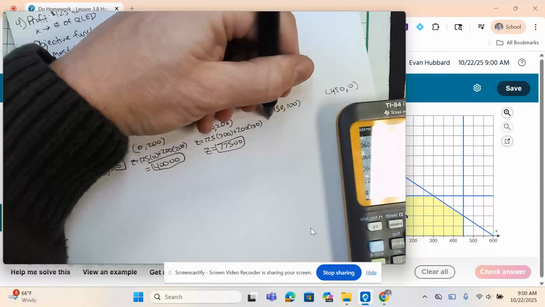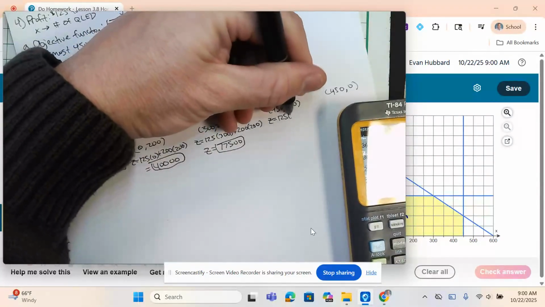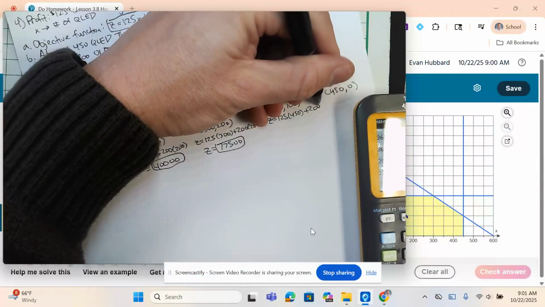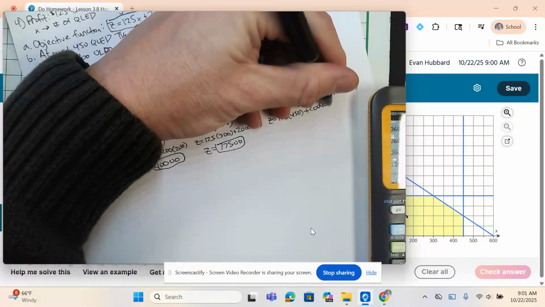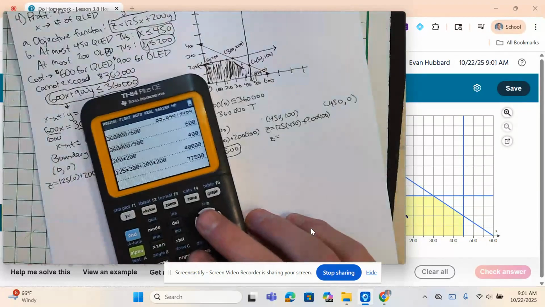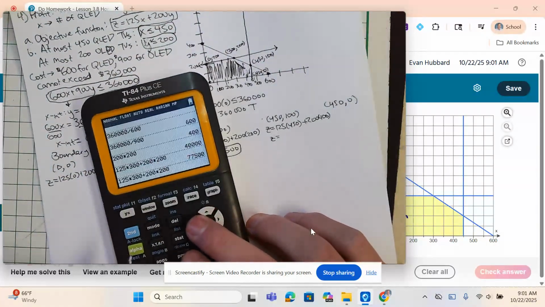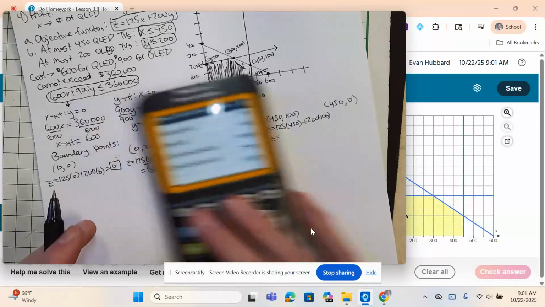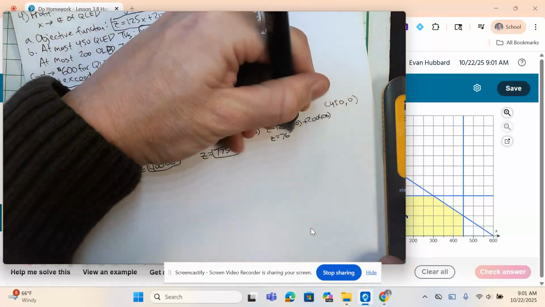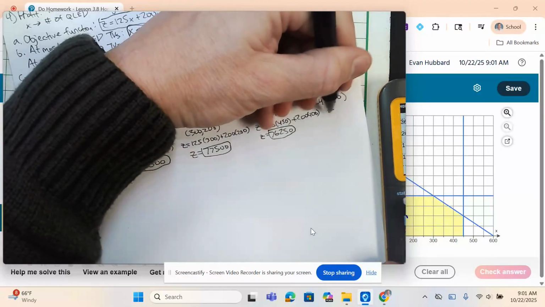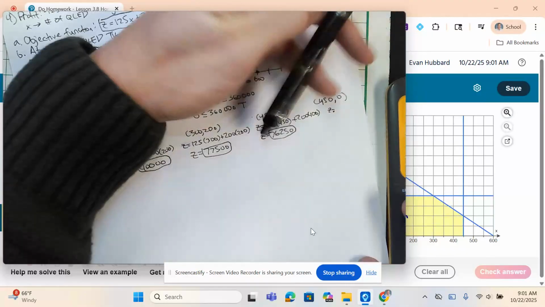And so the next one, 125 times 450 plus 200 times 100, which is 76,250.